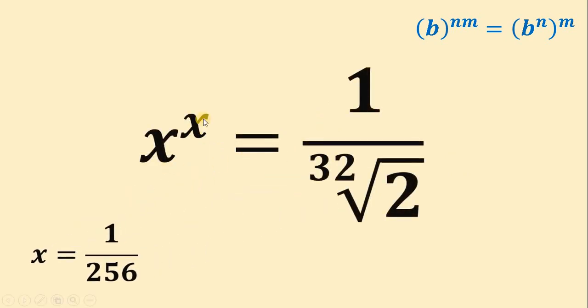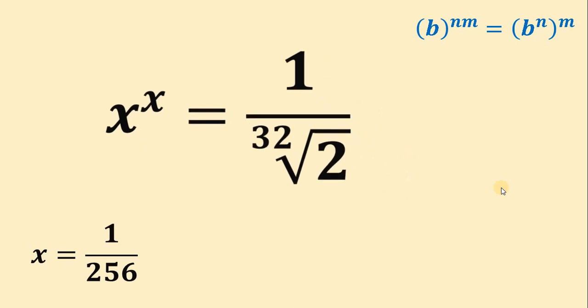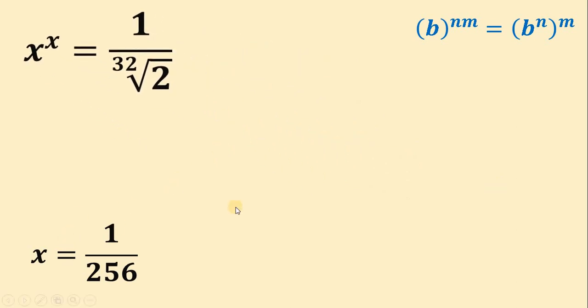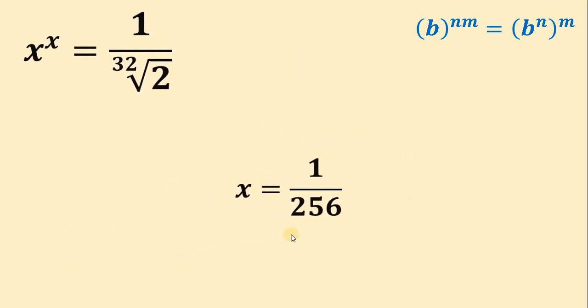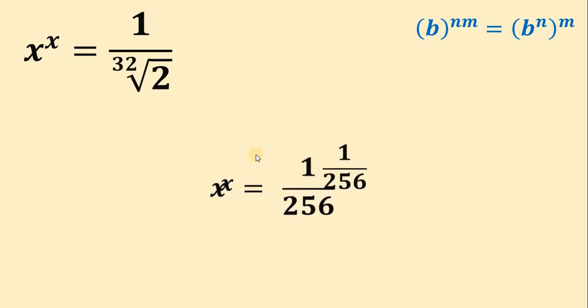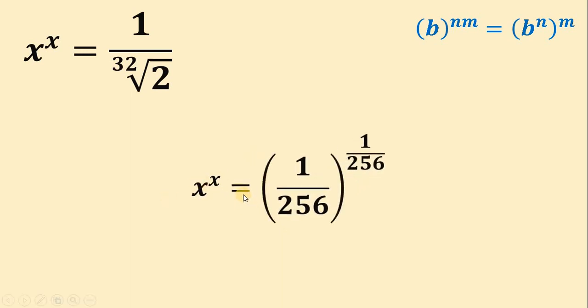Alright, so we have x raised to x equals 1 over the 32nd root of 2. So let's see if x is 1 over 256. This will give us 1 over the 32nd root of 2. So let's have x equals 1 over 256, and let's raise this x to the power of x. So this will give us x raised to x equals 1 over 256 raised to the power of 1 over 256.